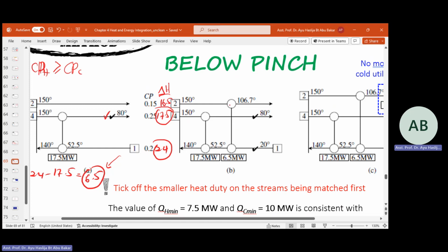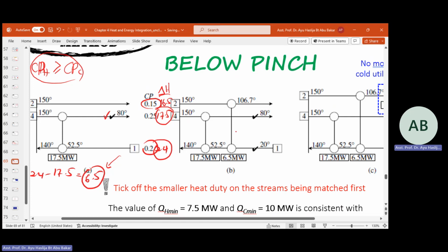Okay, let me clarify this later. I'll try to check, because CP for 2 is smaller than CP for 1. But here it shows it transferred the energy by 6.5 megawatt. Later I'll clarify this one with you. For now we check on the transferring first.